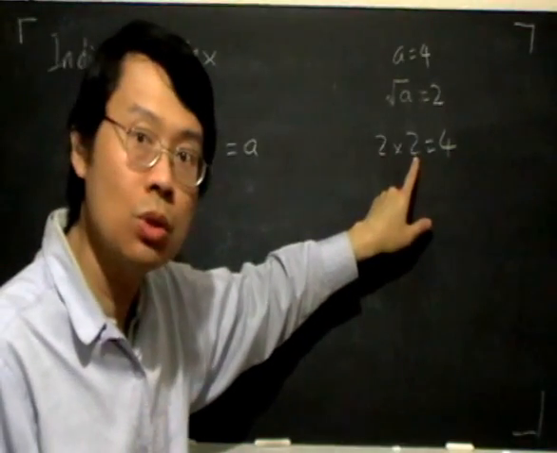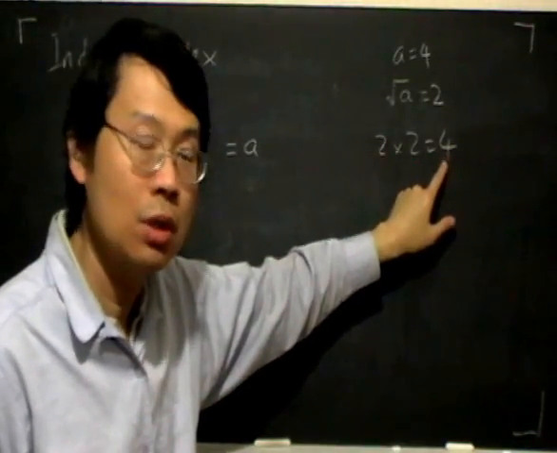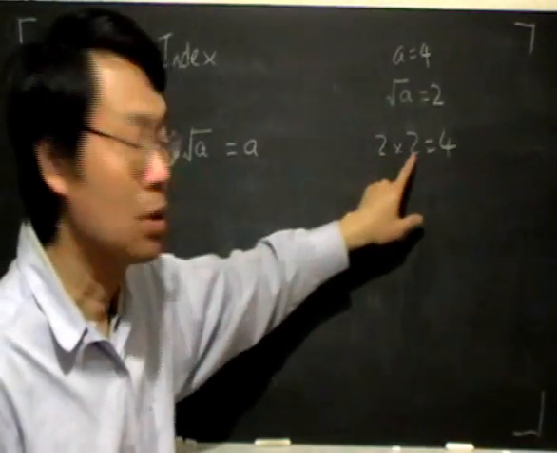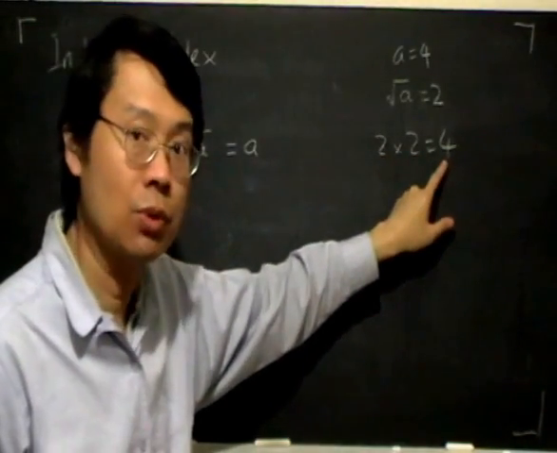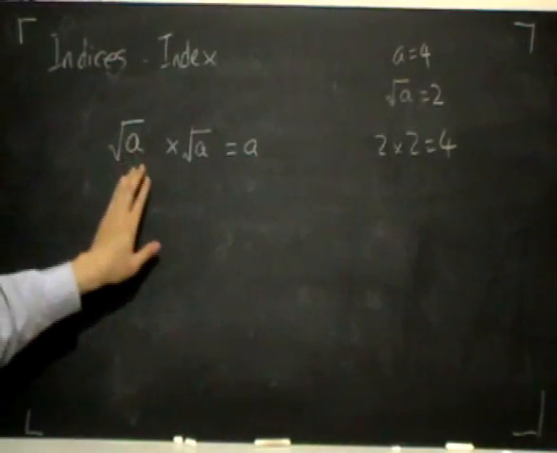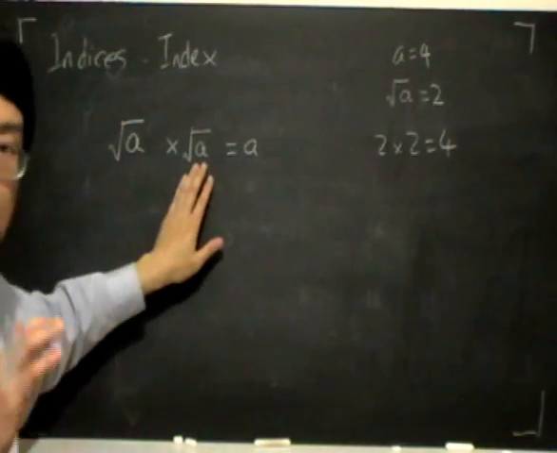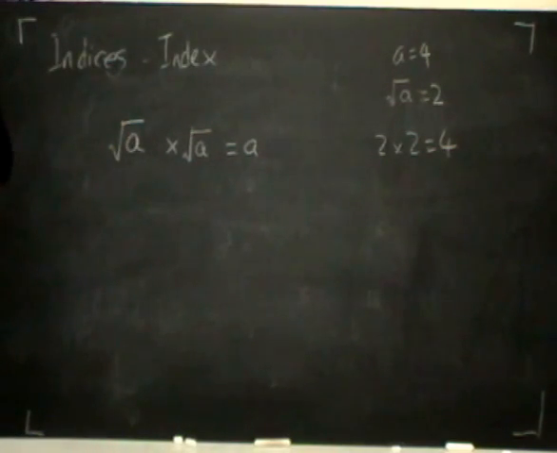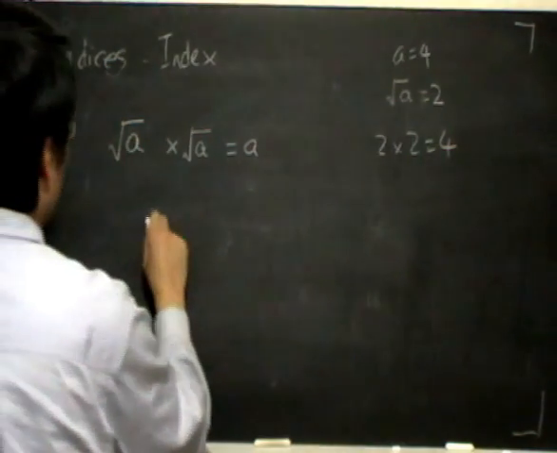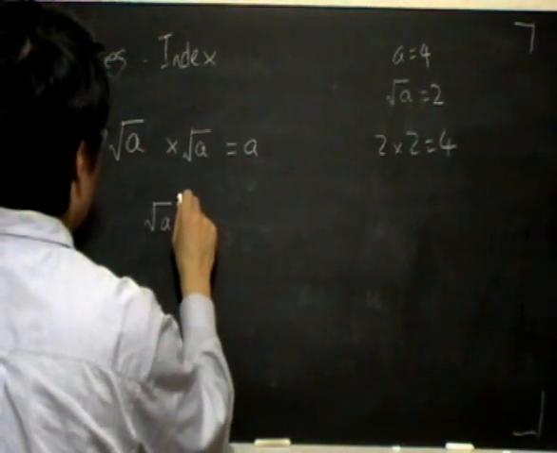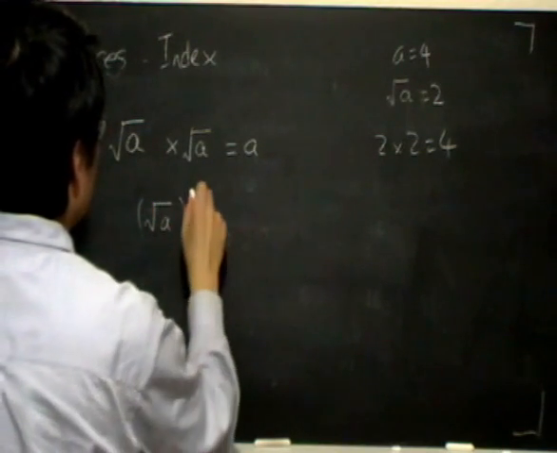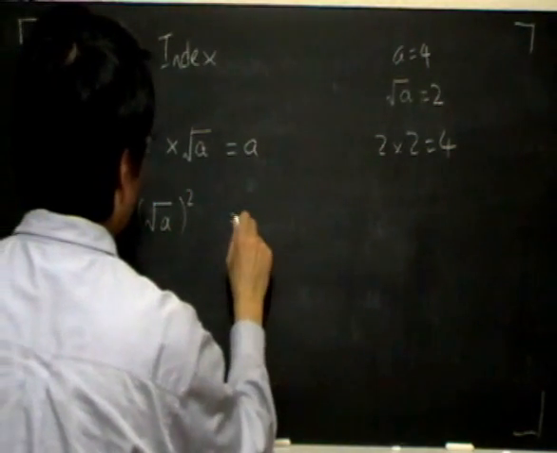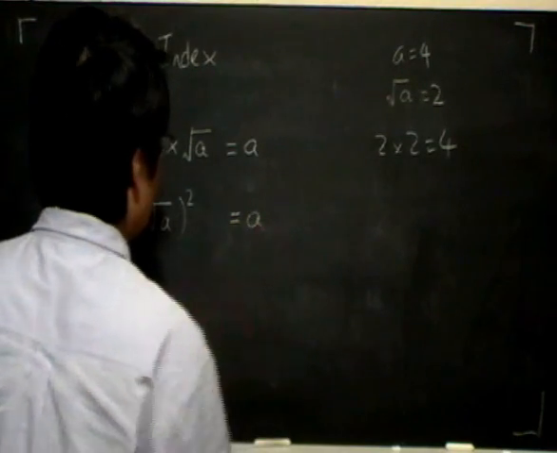Because 2 is the square root of 4, if we take 2 times 2, we should get 4. So likewise, if you take the square root of A times the square root of A, we should get back A. So that's what this means. And I can write this as the square root of A to the power of 2 is equal to A.